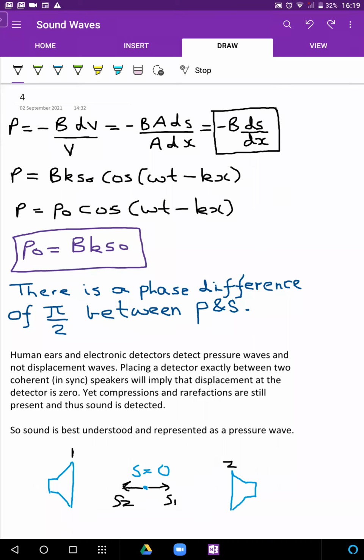It has to do with just the way we detect sound. If this source is producing a compression over here, and the other is producing a compression over here, their effect will just be a double compression, a greater compression produced over there. That's what their combined effect will look like.